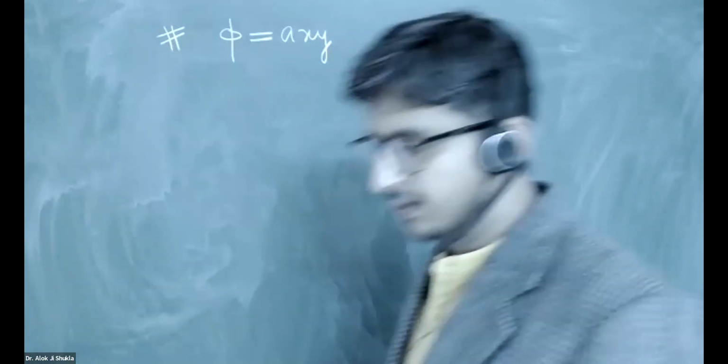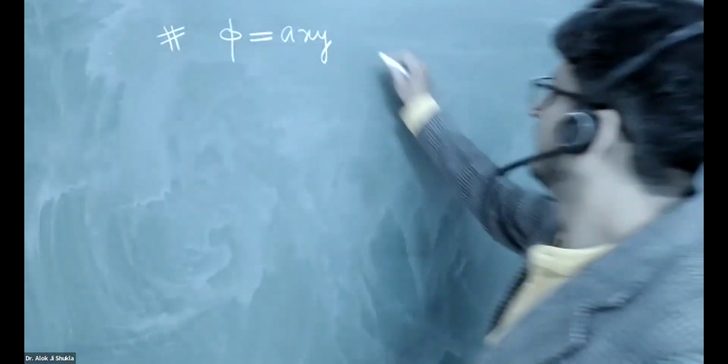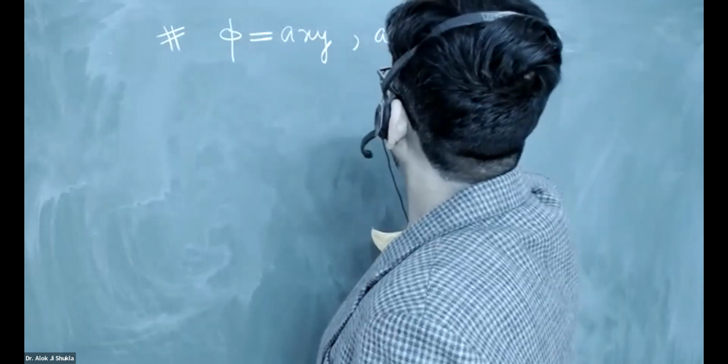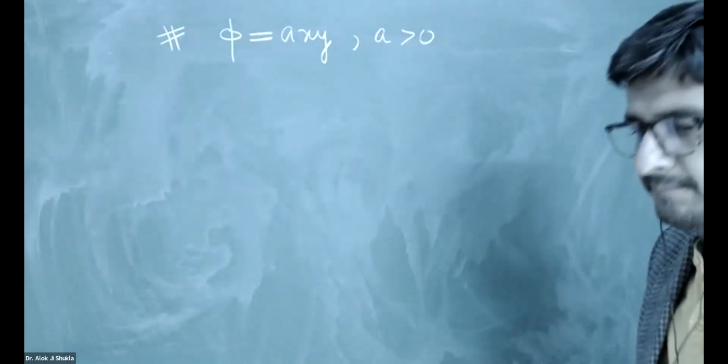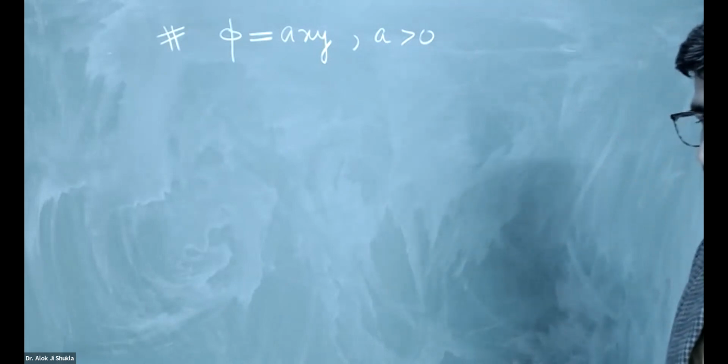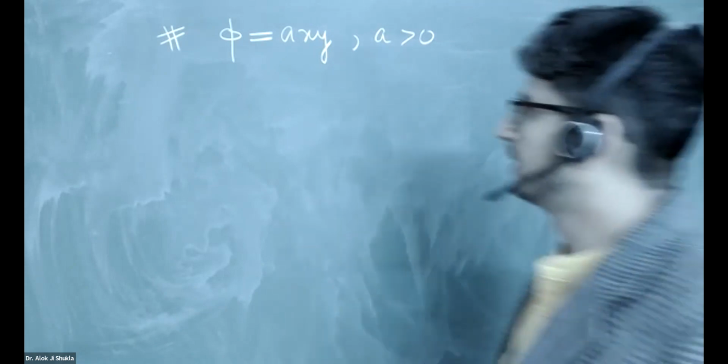Okay. So let's suppose A is given to be positive. So how do we plot it?